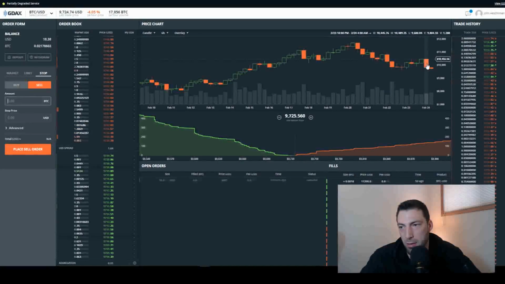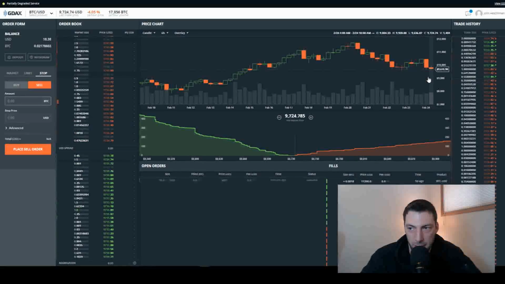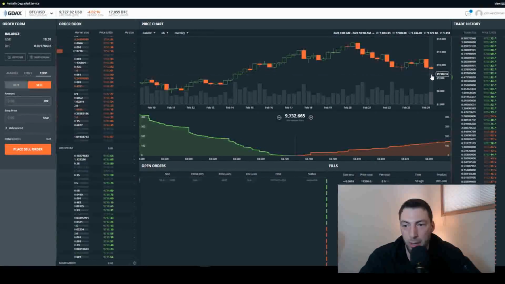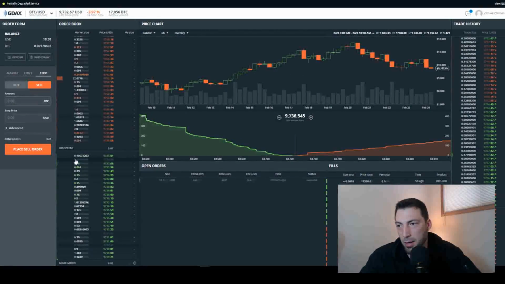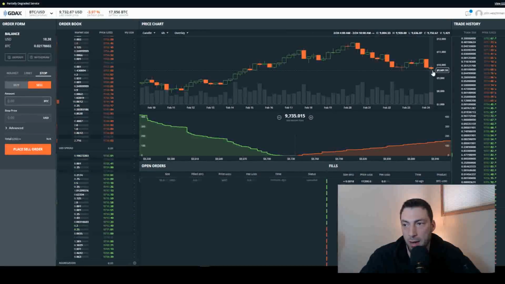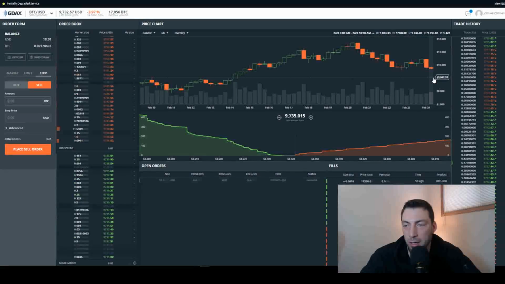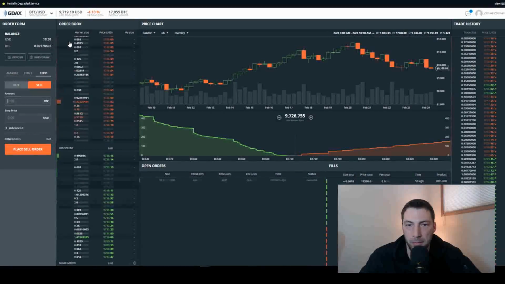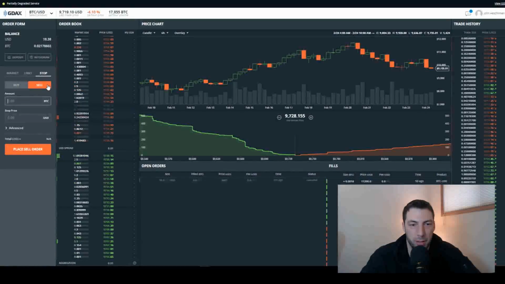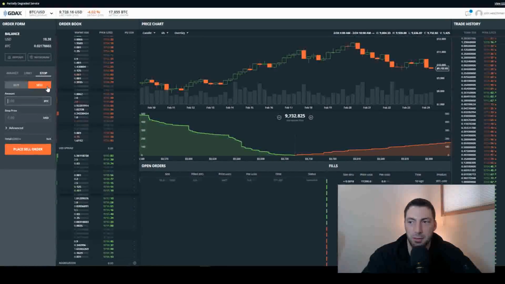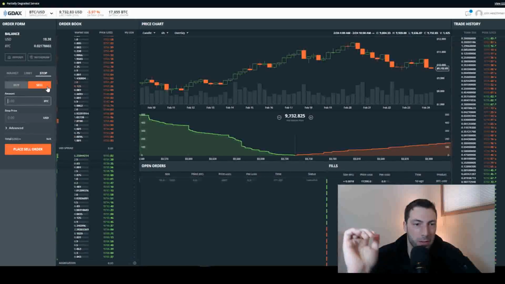These are red candles. So there's a possibility that we're going to go down lower. If we go down past, let's say, 9,000, then I'm afraid we're really going to drop. So I'll set my stop loss to limit my loss. If we go down to 9,000, I want out.